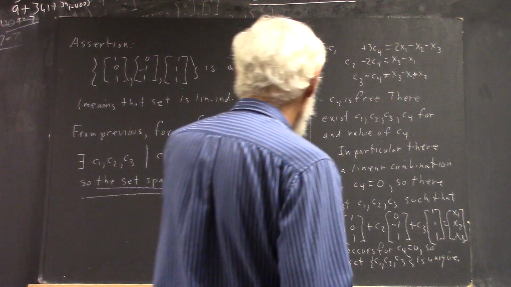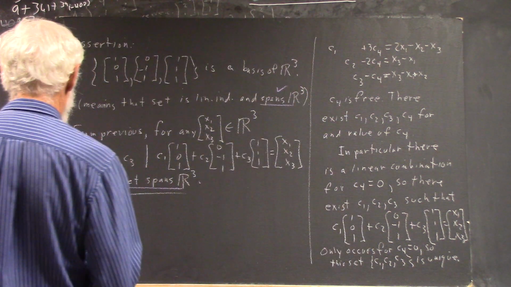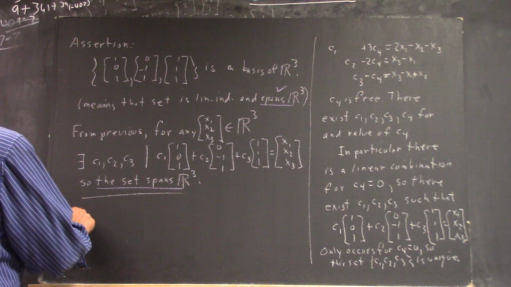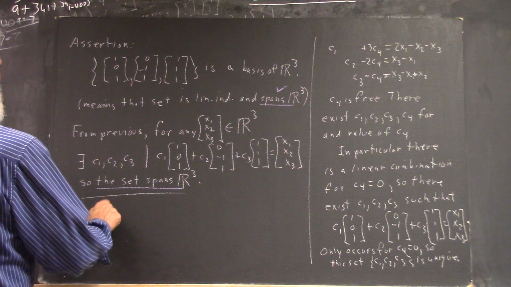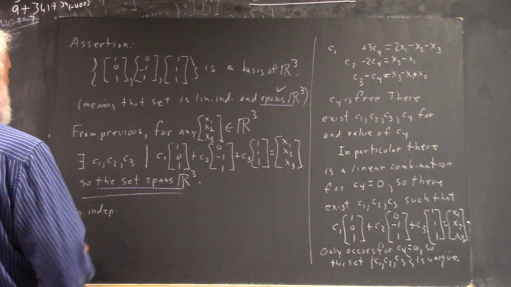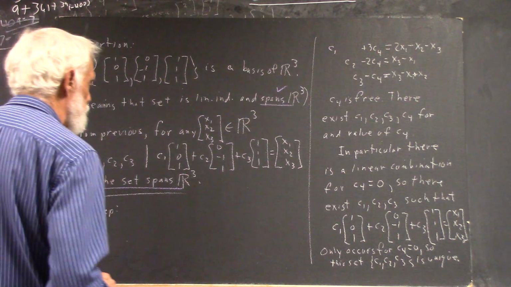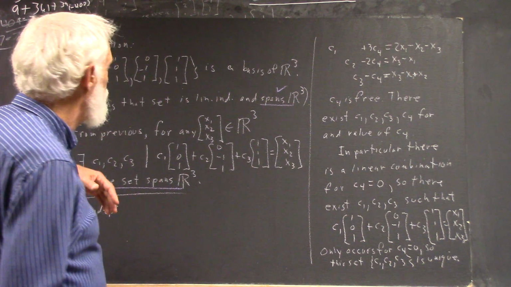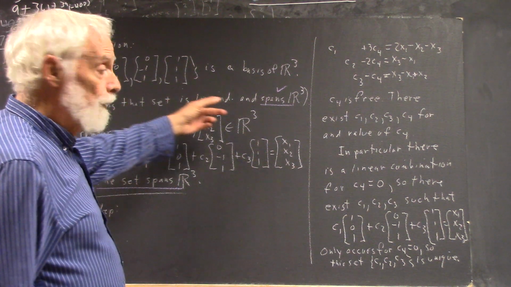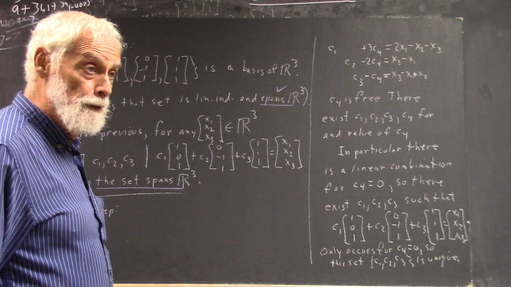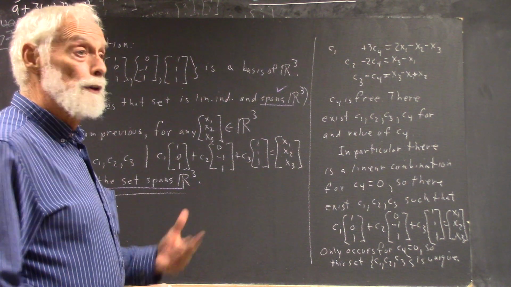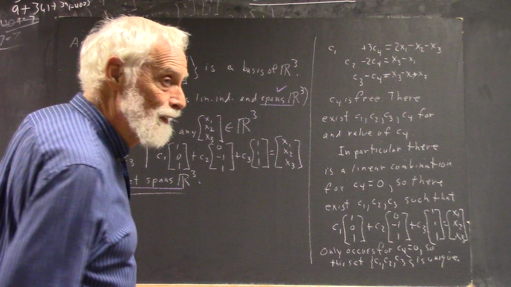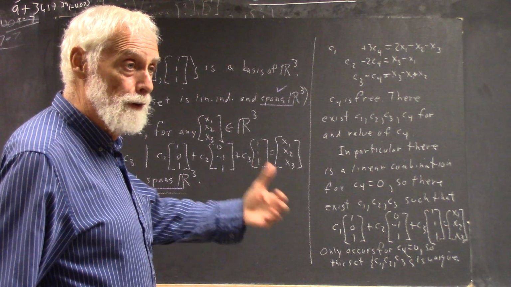How to prove linear independence? It says that the only linear combination of these vectors that equals a zero vector is the zero combination. C1 equals C2 equals C3 equals 0.